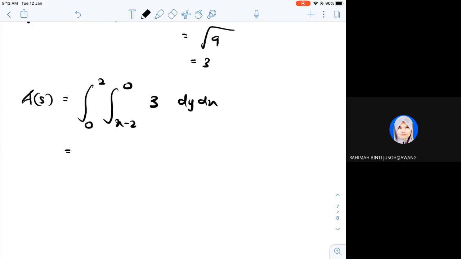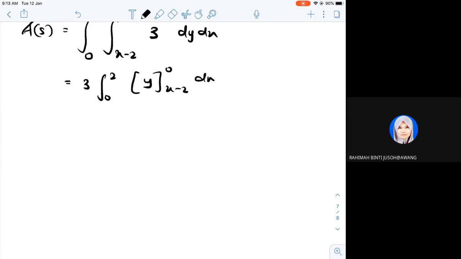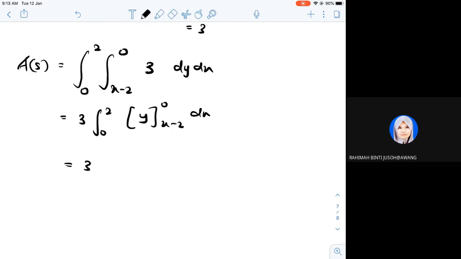Okay, so we can take out 3 as a constant. 0 until 2, so substitute y with 0 and x minus 2, dx. So we will have 3 integral 0 until 2 of 0 minus x minus 2 dx.